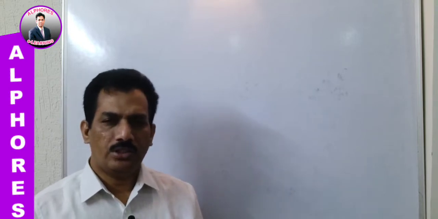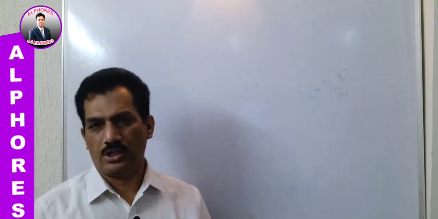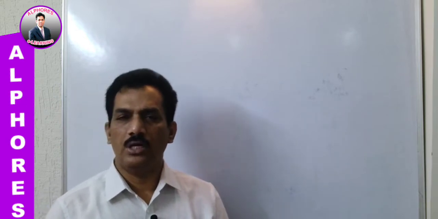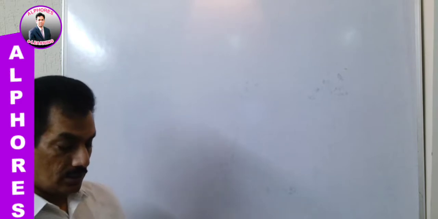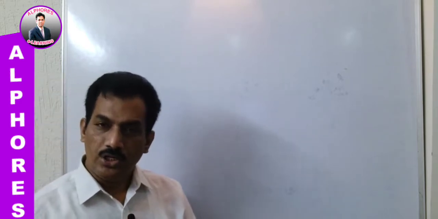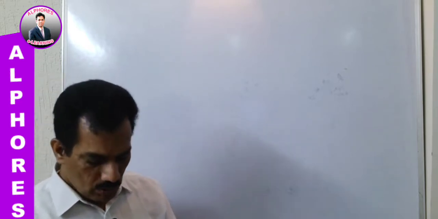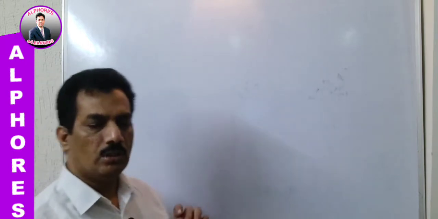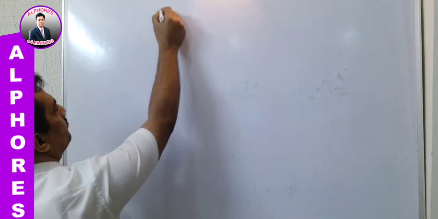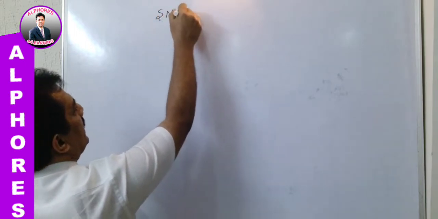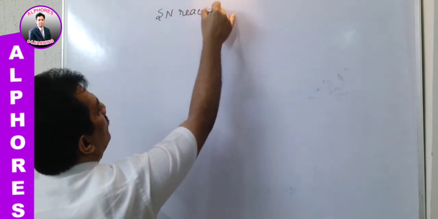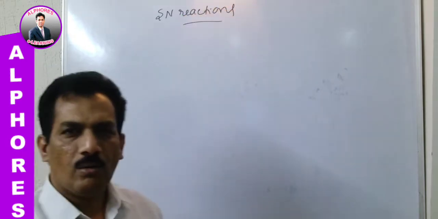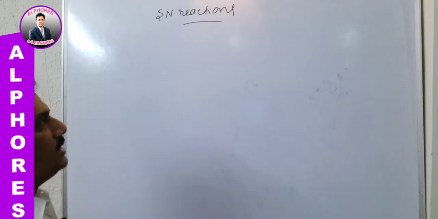Clear? And we already discussed the basicity and nucleophilicity relations also, and generally sometimes they ask questions related to that, basic strengths and nucleophilicity. Clear? With all this information, in this session we are going to learn about the SN reactions, the details of these SN reactions.